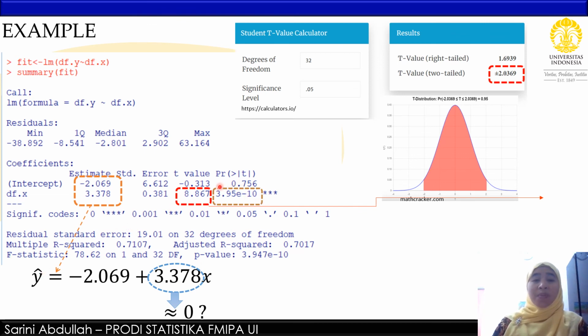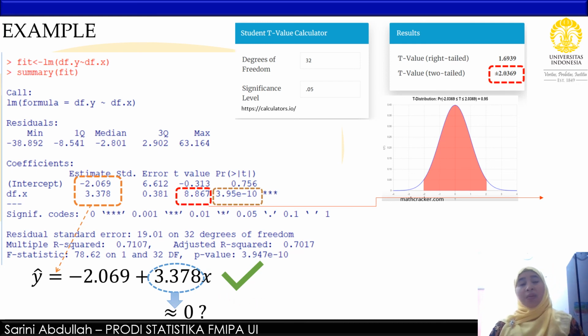And since the probability is almost zero, way less than 0.05, then we will just reject the null hypothesis and we conclude that our x here is contributing significantly in explaining y, because beta 1 is statistically different from 0.